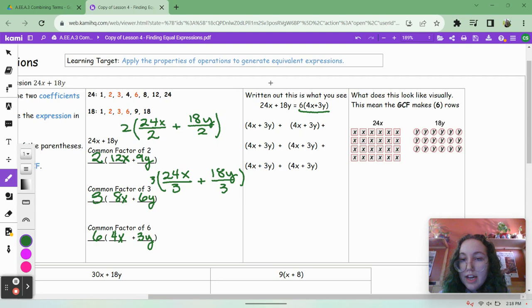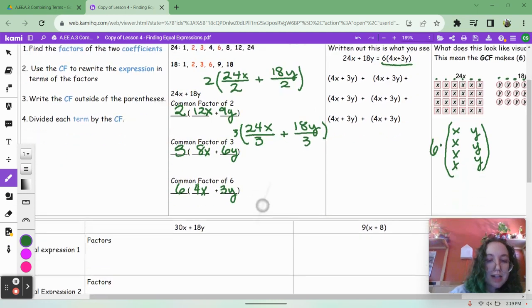With this, I have 24x and 18y. I have 6 columns here, and 6 columns there. So I end up with 4 x's and 3 y's, and all of that 6 times.